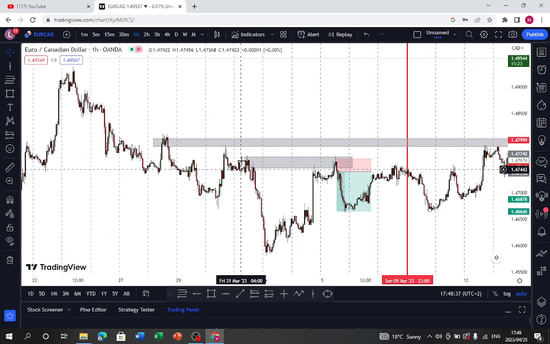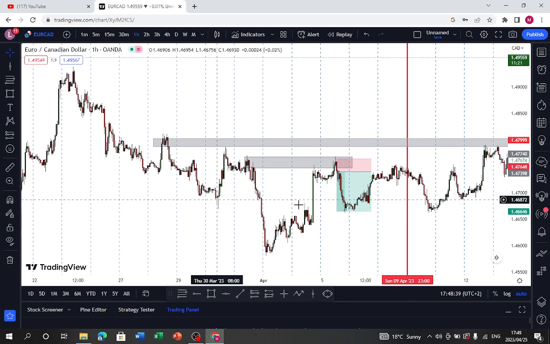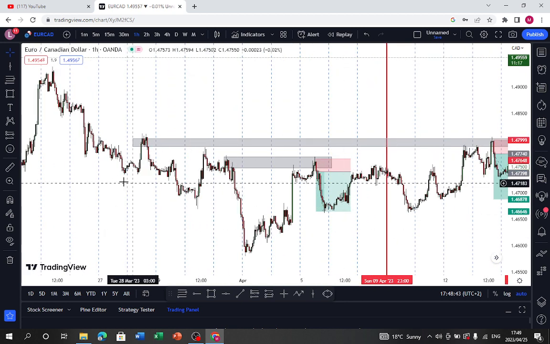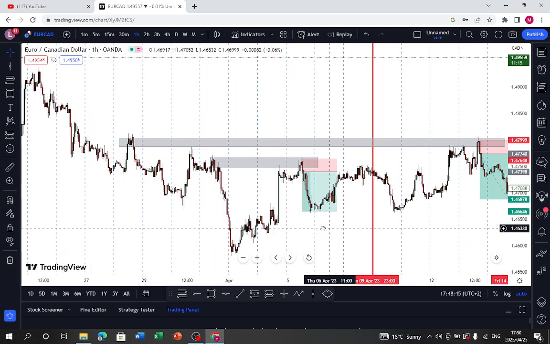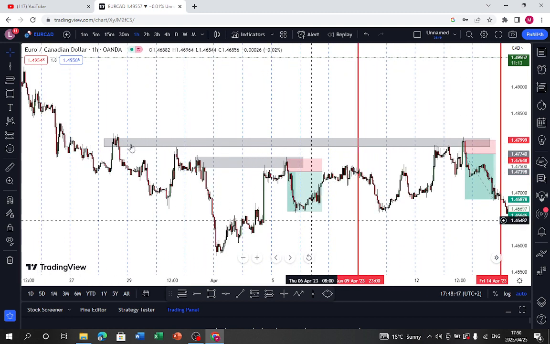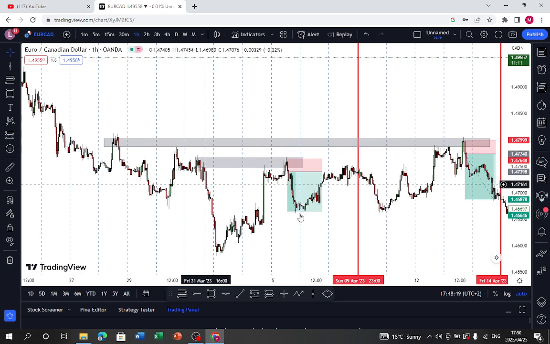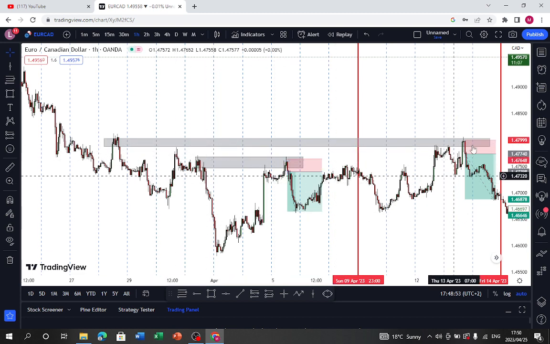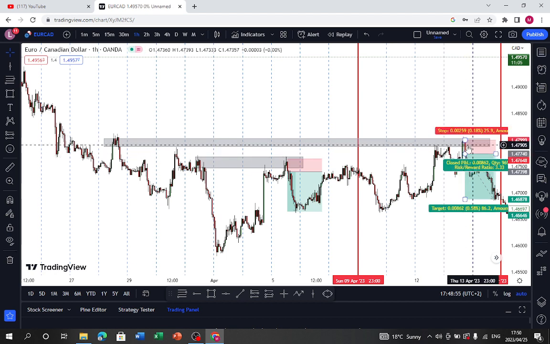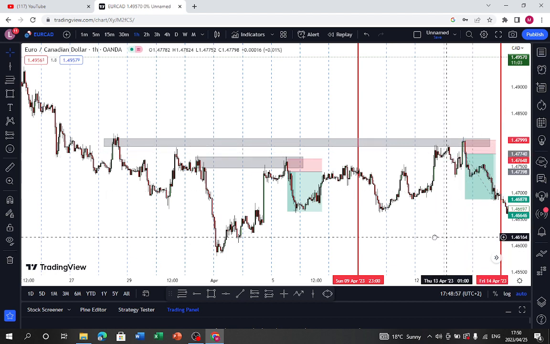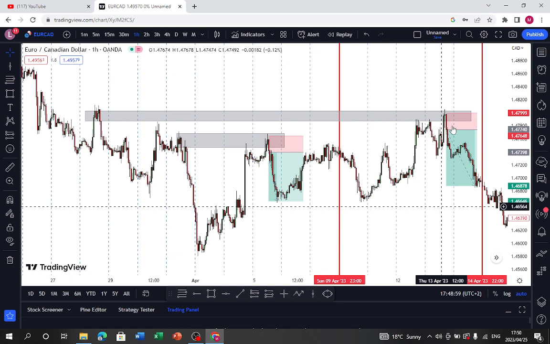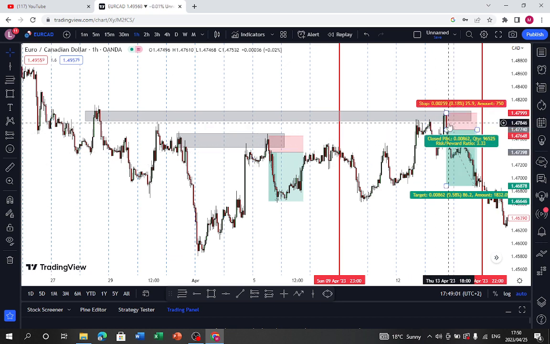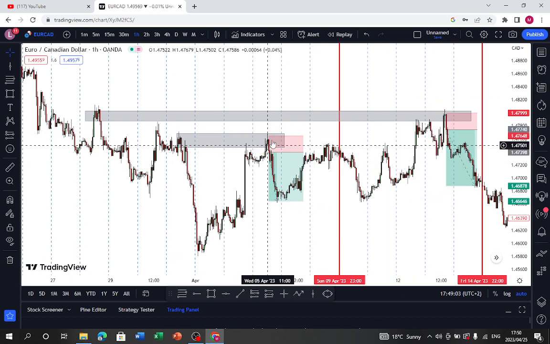Why do we call this a resistance? Because it took out this low. There are various reasons we can call this a resistance, because this has been tested and it was not broken, because the market is failing to break this point. And when it's giving us this bearish engulfing, it's telling us that the market is refusing to break this point. So we could have taken a sell based on that. Again, same thing here.